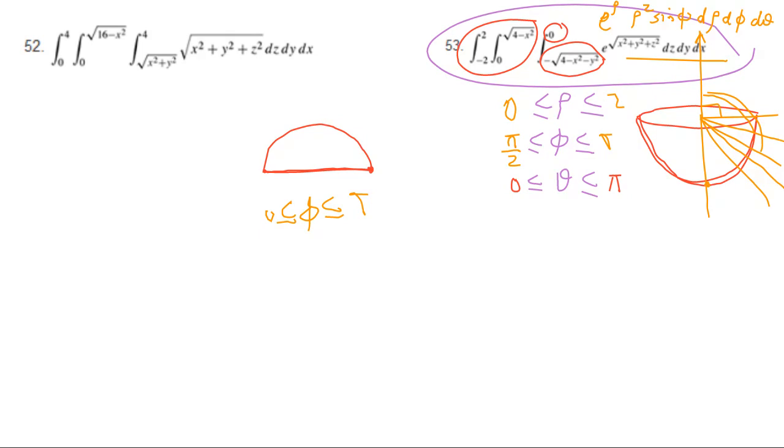Don't forget that this time you don't want integration by substitution. You need integration by parts. Rho squared, 2 rho, 2 and 0. e to the power rho stays the same.